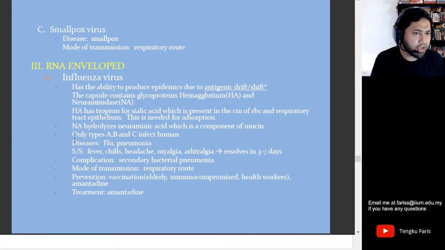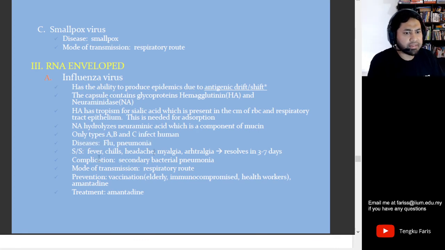These influenza viruses have HA and NA particles that can bind to whatever surface they want in the respiratory tract or inside the blood. All right, only types A, B, and C can infect humans. The outcome is that we can have flu and pneumonia.